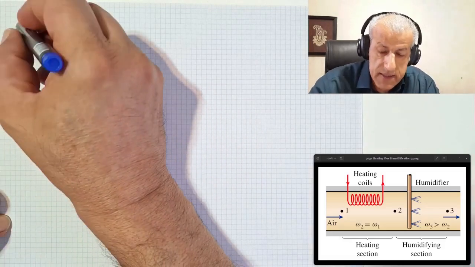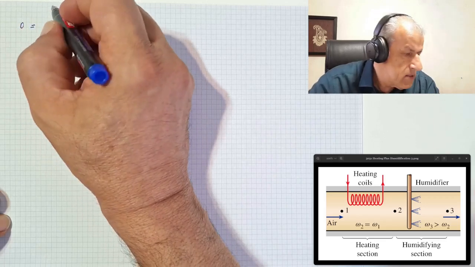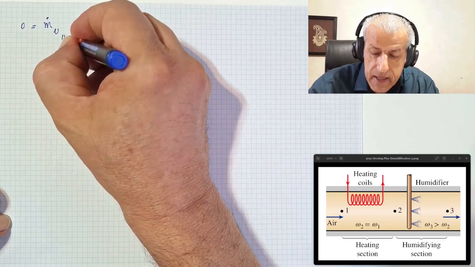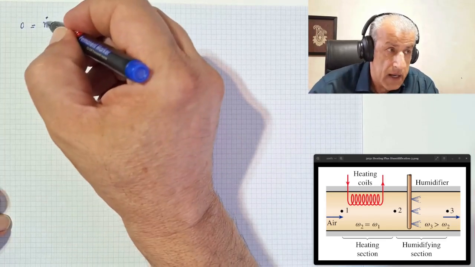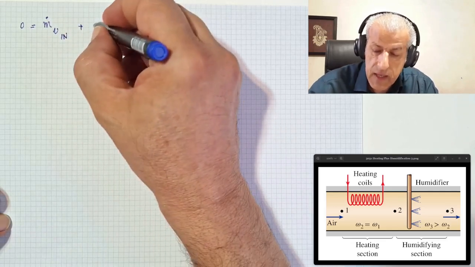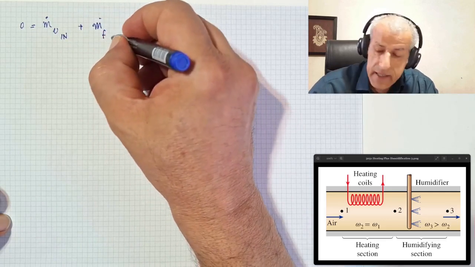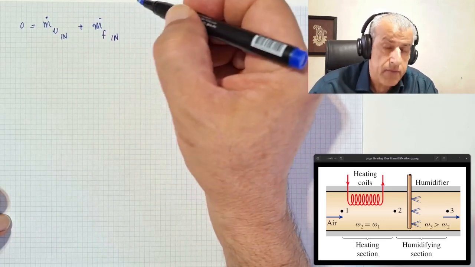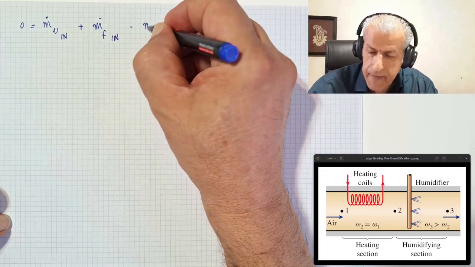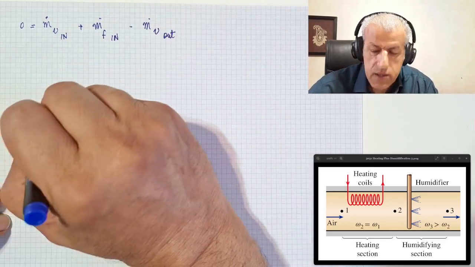And since the problem is steady, the left-hand side is 0, and 0 would equal the water vapor that goes in with the air at point 1 plus the water that goes in after point 2, in fact, and minus all the water that goes out at point 3.